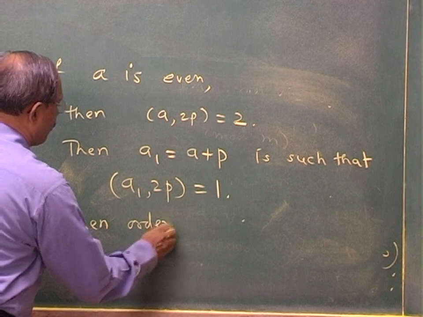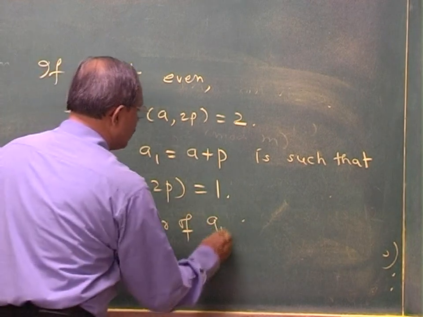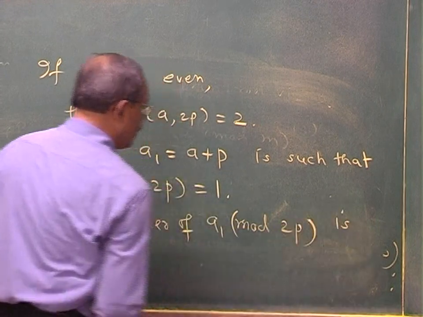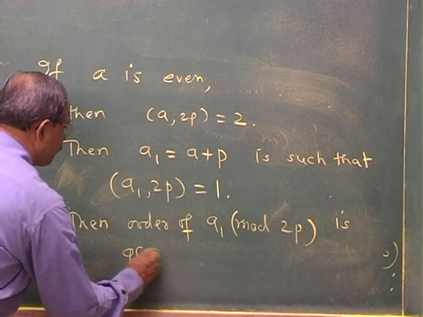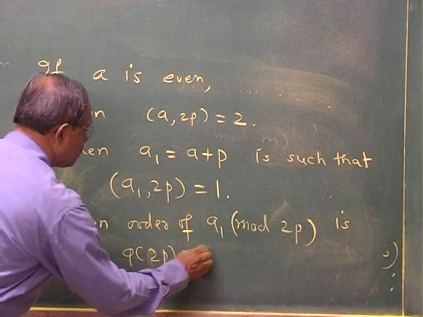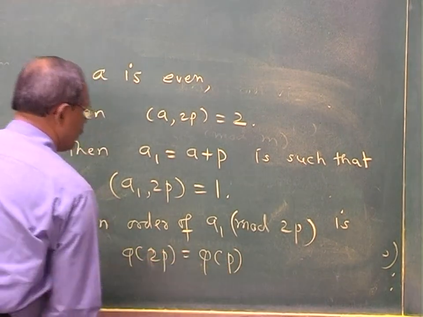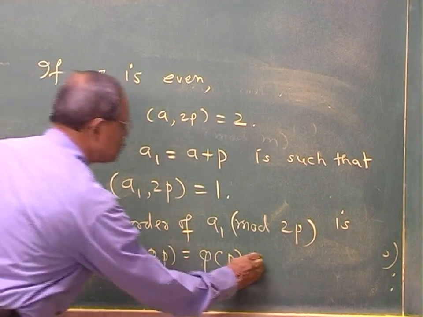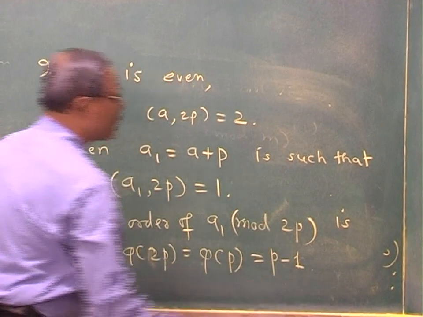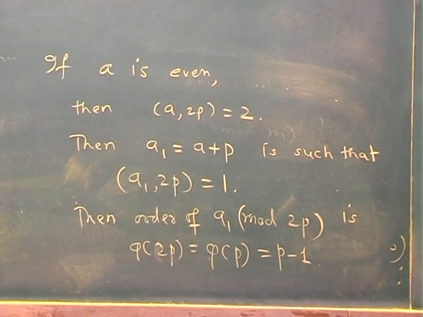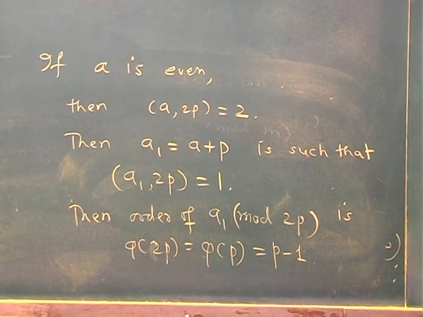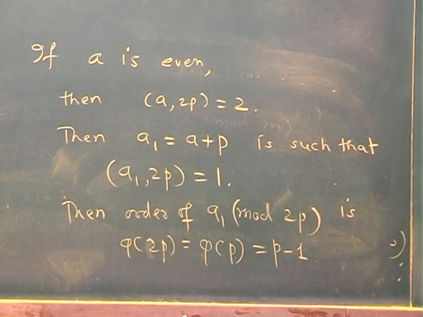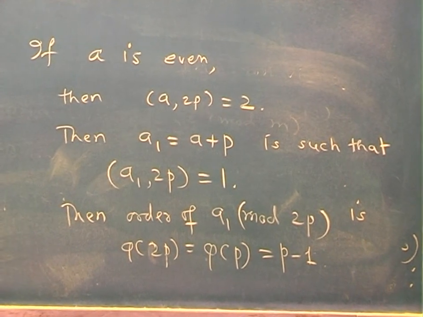Phi of 2p means phi of p, because phi of 2p is phi of 2 into phi of p, that is phi of p, which is p minus 1. Okay. So the order of A1 mod 2p is p minus 1.